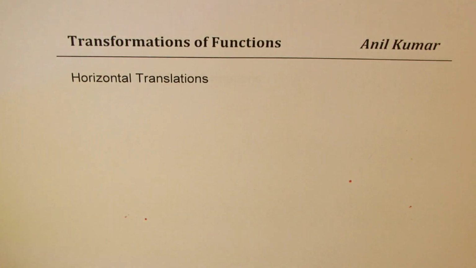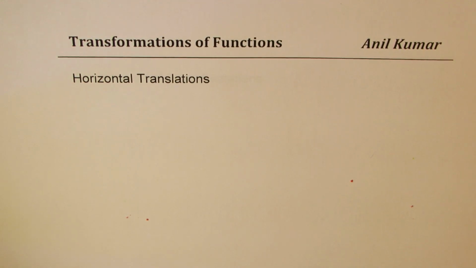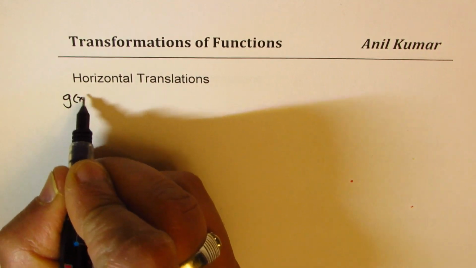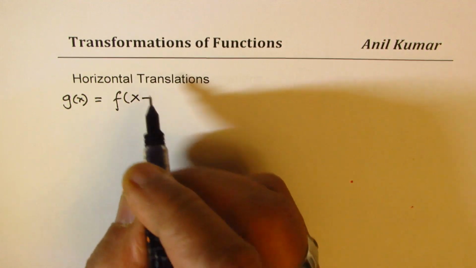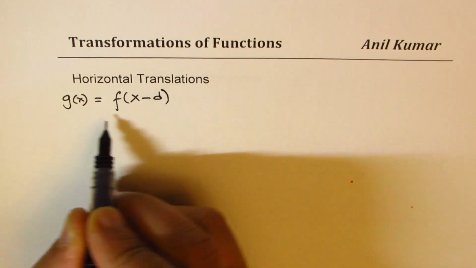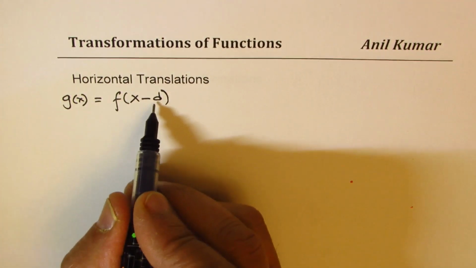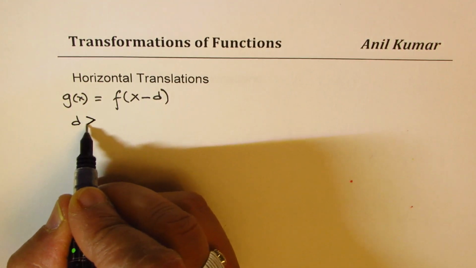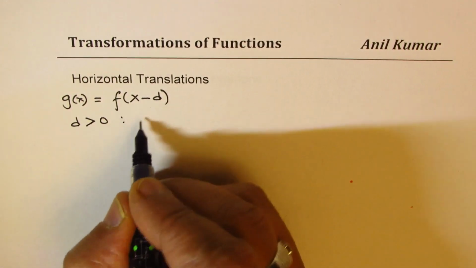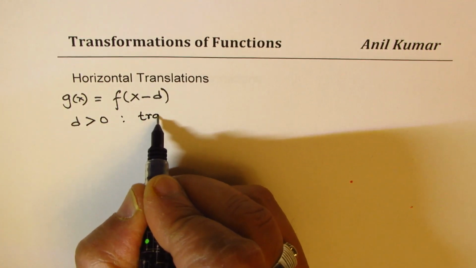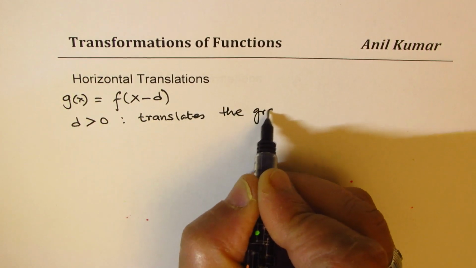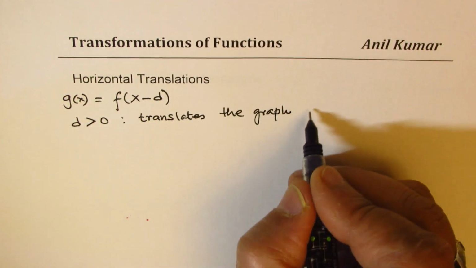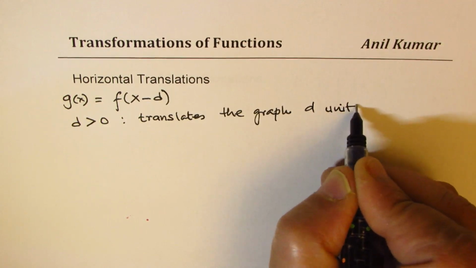Now we'll look into horizontal translations. g of x equals f of x minus d. Now when you have something like this, then if d is greater than 0, then it translates the graph d units right.